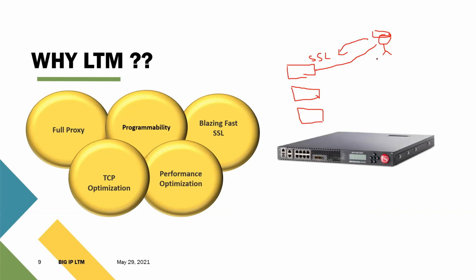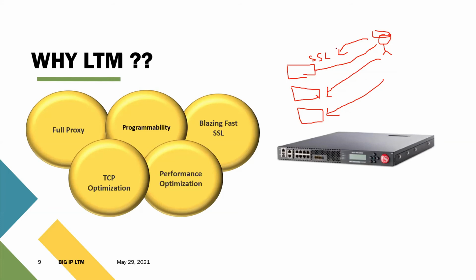User can directly talk, but still do some sort of load balancing, either to this, either to this. We will explain it, of course, just in case it is not clear. But just consider it as a scenario where we do not have an LTM in between. We have to install the SSL certificate on our actual server, which is hosting the application.